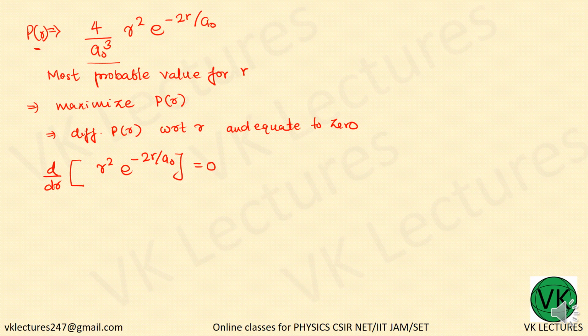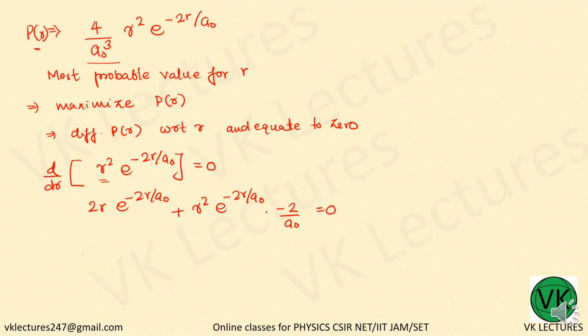Using the product rule, differentiation of r square, that is 2r into e to the power minus 2r divided by a naught, plus r square into differentiation of what is in the exponent, so e to the power minus 2r divided by a naught into minus 2 divided by a naught, equal to 0.